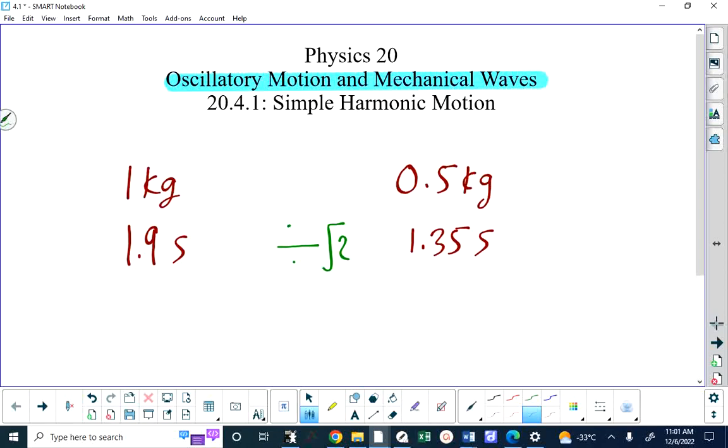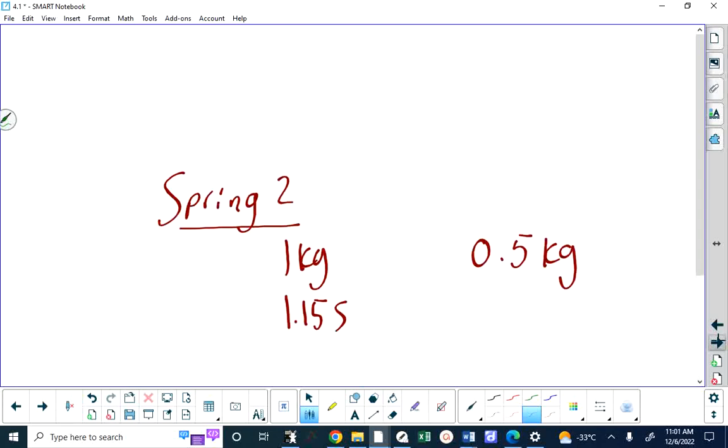So if we take 1.15 divided by the square root of 2, what do you get? Jay? 0.81. So if I count off 10, I should get 8.1 seconds.